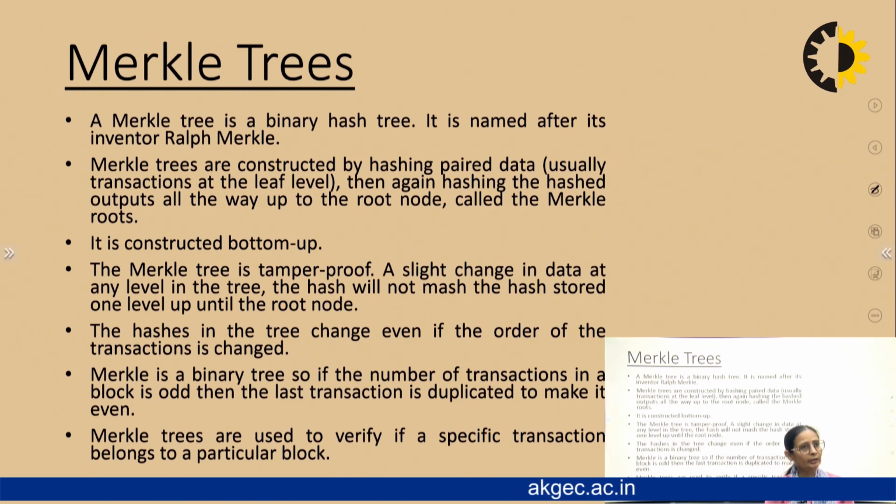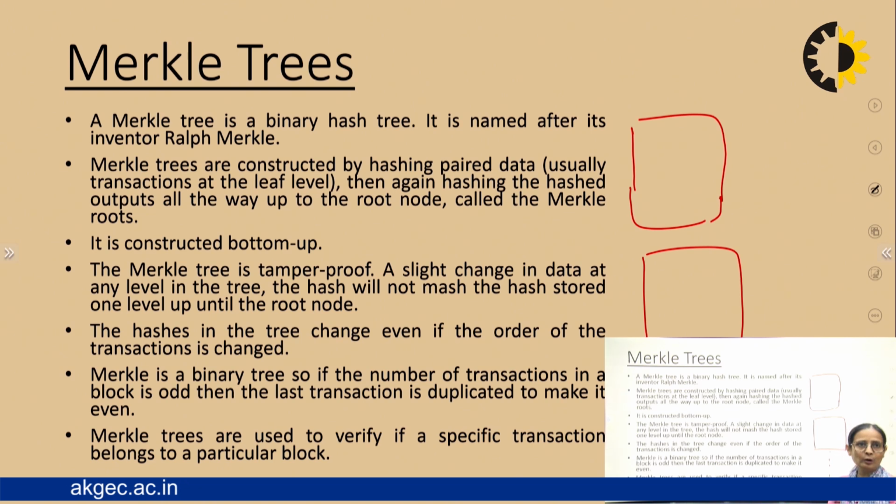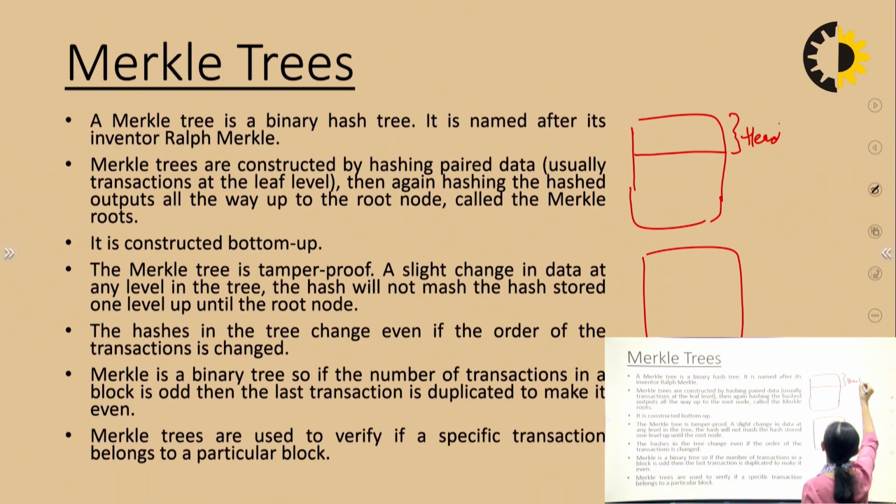Before Merkle tree, let's discuss the block header. We are aware that a blockchain consists of different blocks. It is a chain of different blocks. In blocks, we have the block header, and here we have the transactions like this.